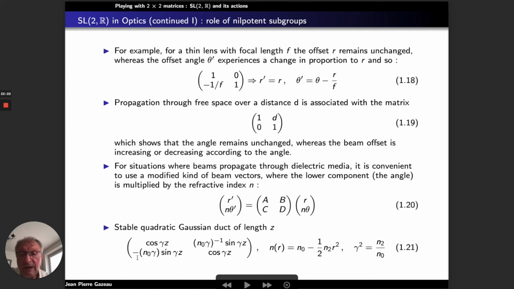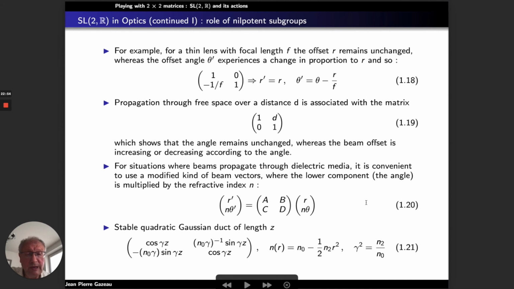For instance, you have what is called the stable quadratic Gaussian duct of length z, which is described by this ABCD matrix, where n of r is n0 minus 1/2 n2 r squared, and gamma 2 is n2 divided by n0.